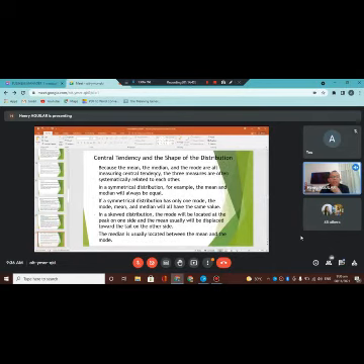And then we have the central tendency and the shape of the distribution. Because the mean, the median, and the mode are measuring central tendency, the three measures are often systematically related to each other.